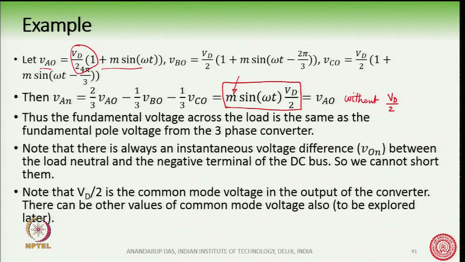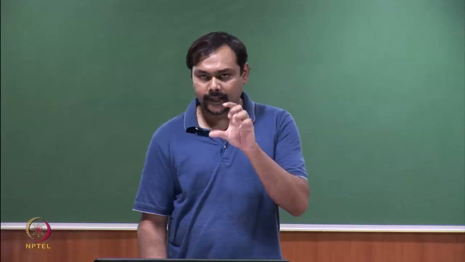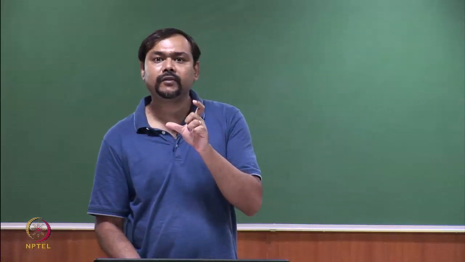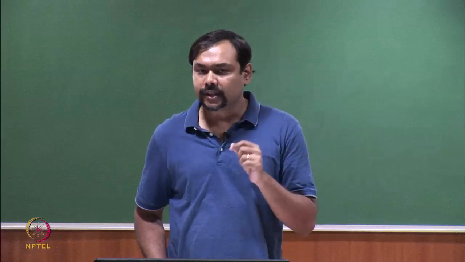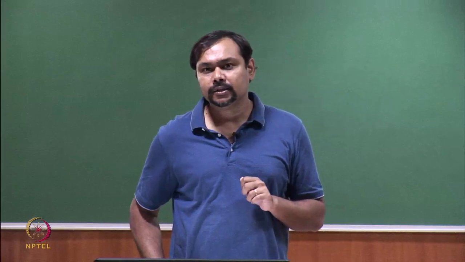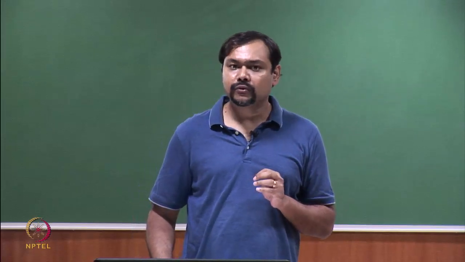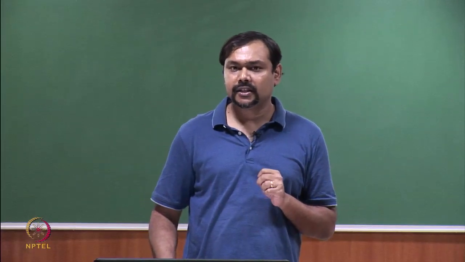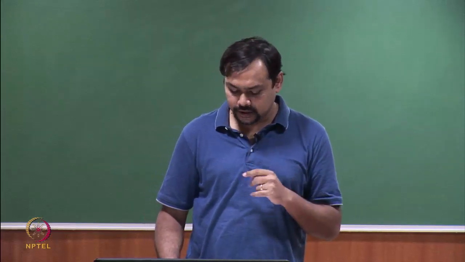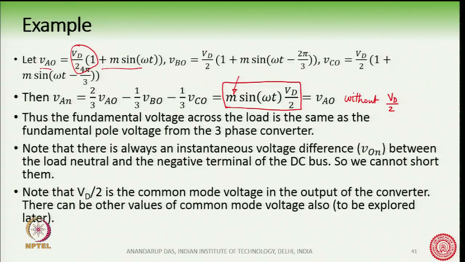There is also a common mode voltage between O and N. Since the N point is isolated from the O point, that common voltage can be utilized in adding some third harmonic. We will use this concept in some slides later.